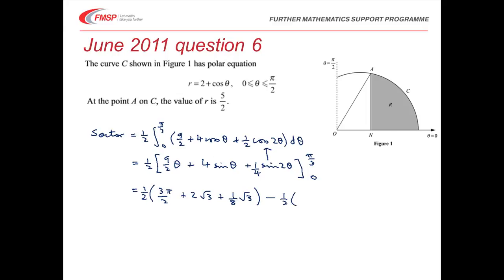So theta's 0 now, so we're going to get 9 over 2 times nothing. Sine of nothing is nothing, and sine 2 theta is nothing. You must show evidence that you have put in that bottom limit. Expanding the bracket and collecting terms together, we get 3 pi by 4 plus 17/16 of root 3. So that is the area of the sector.